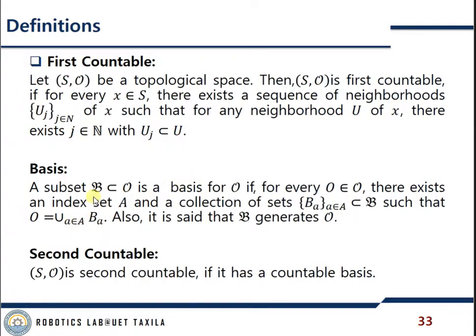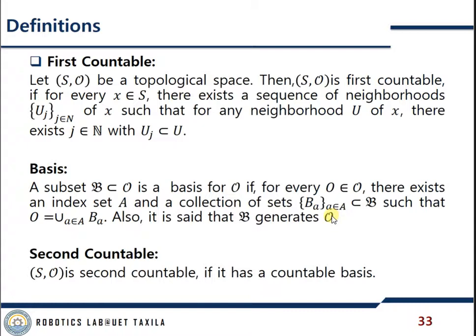So this becomes a basis for O. It is also said that B generates O. So B is a set which generates O. A basis, like a vector basis, generates the set.